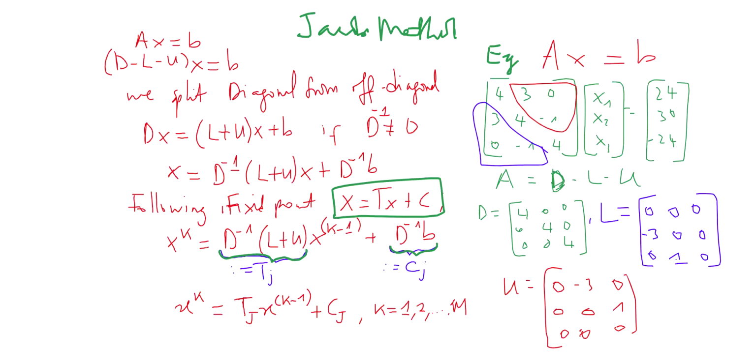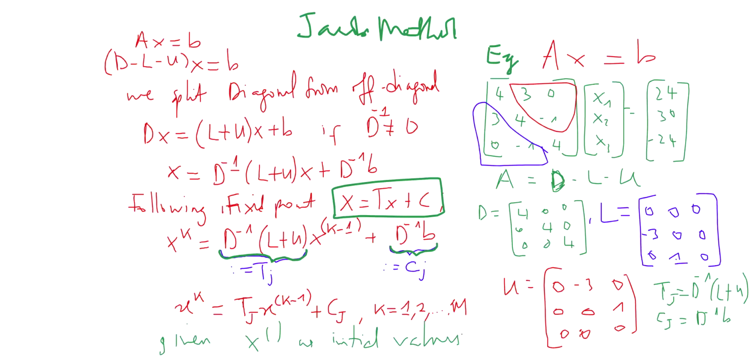So the next step is that you take your Tj, where Tj is D inverse (L plus U), and you derive your Cj, which is D inverse of B. Then once you have Tj and Cj, you can insert them into the fixed point iteration method and run it, giving some initial x0 as your initial values. Then you can run the number of iterations that you want. Okay.